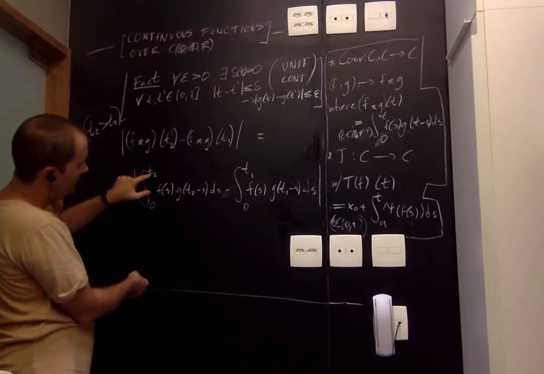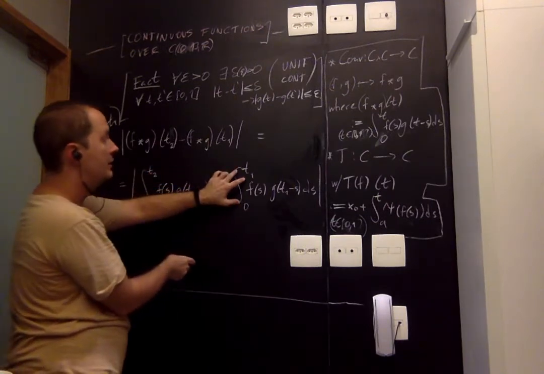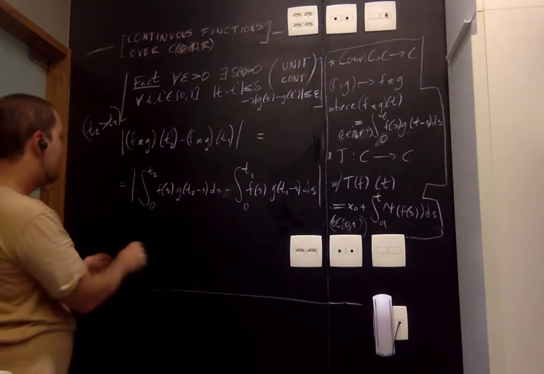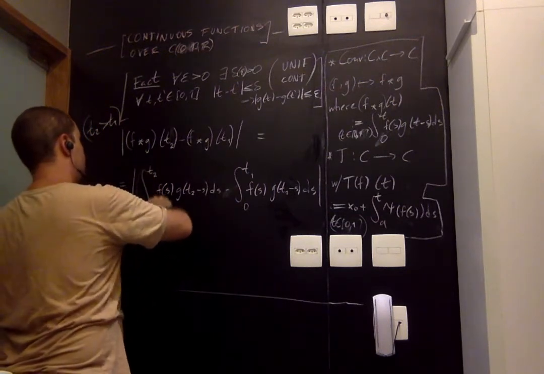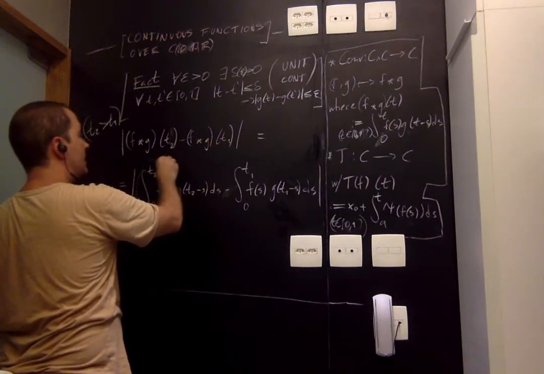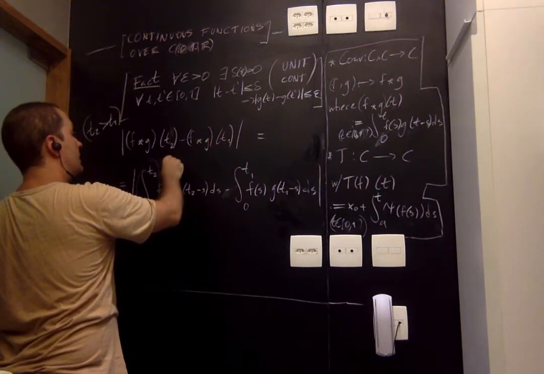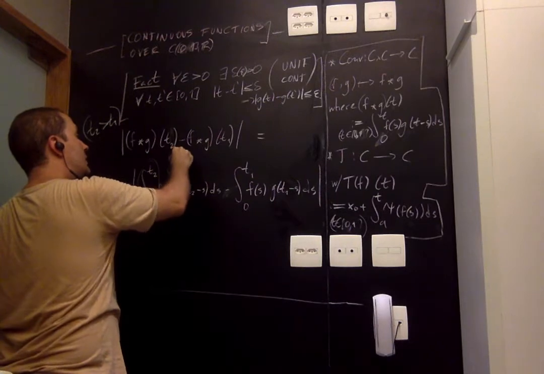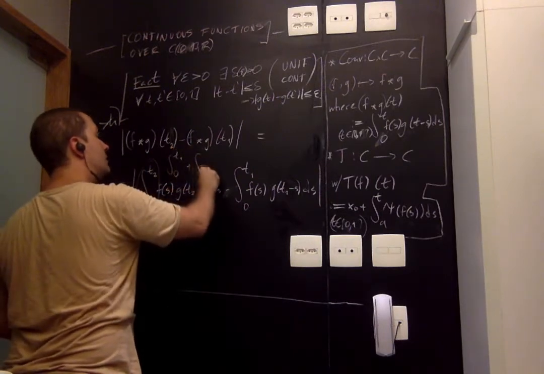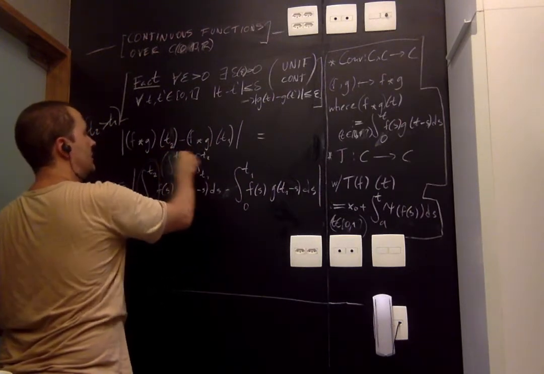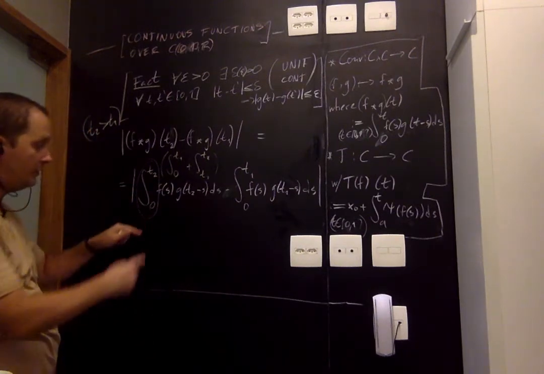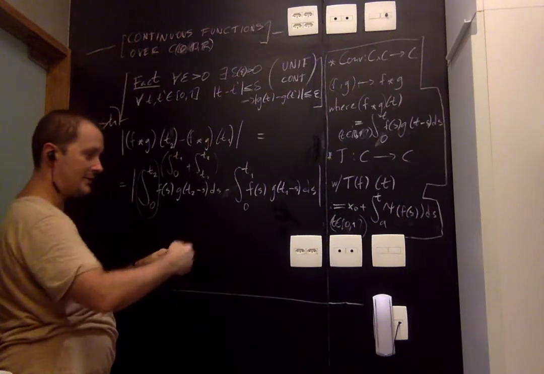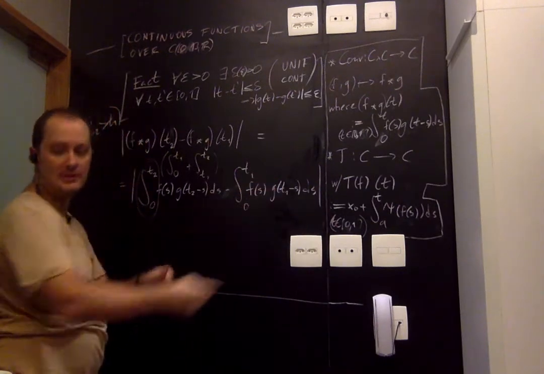However, the intervals over which you're integrating are not the same. But then this integral here, I'm going to express it as the integral from 0 to t1 plus the integral from t1 to t2, right? We know we can do this for Riemann integrals. If we integrate from here to there, we can stop in the middle and add up the two pieces.